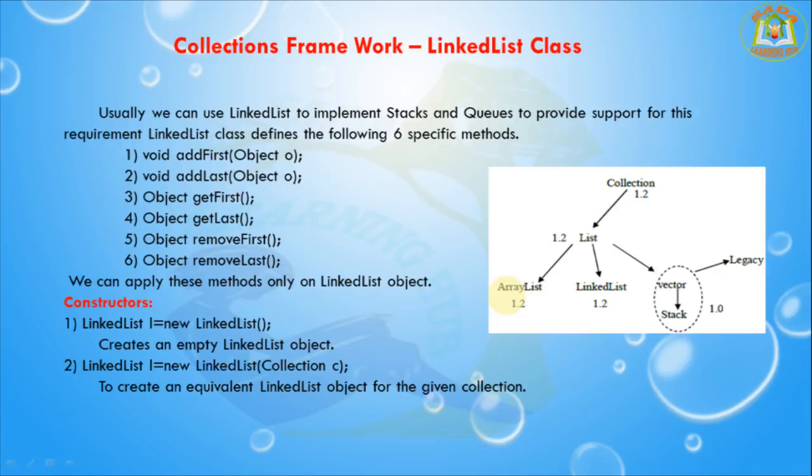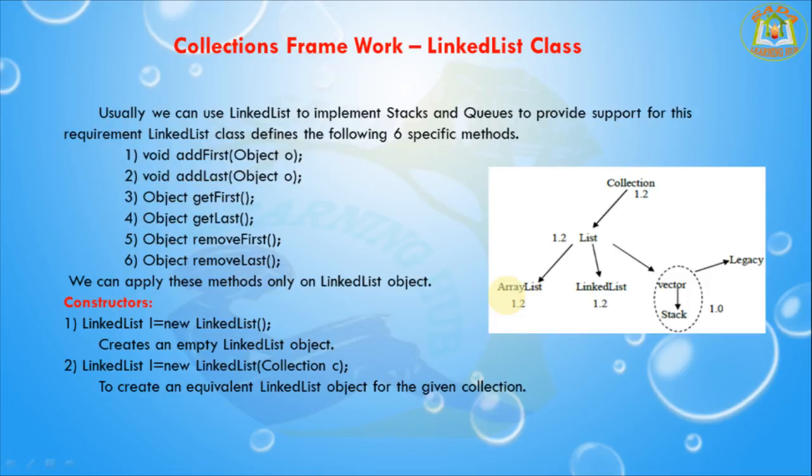Next, I'm going to discuss how to make an ArrayList synchronized. The Collections class defines the following method to return the synchronized version of a list. It takes a List interface argument and returns the synchronized version of the ArrayList.